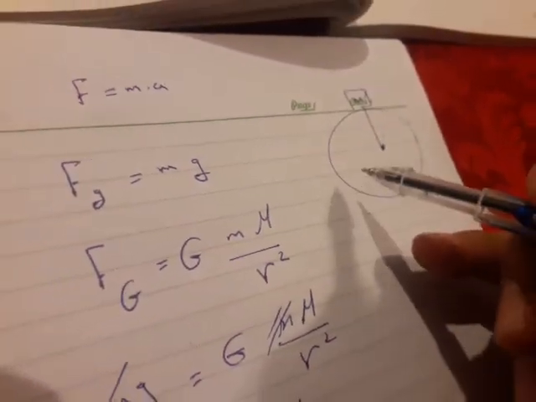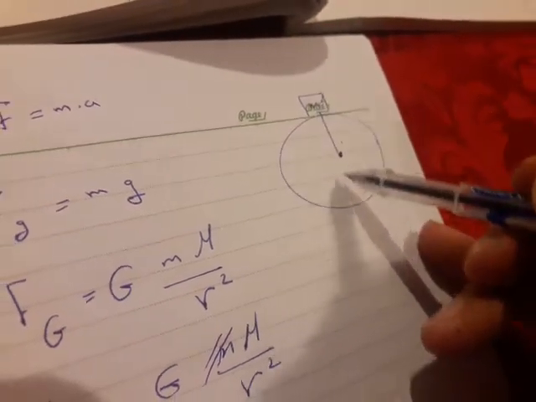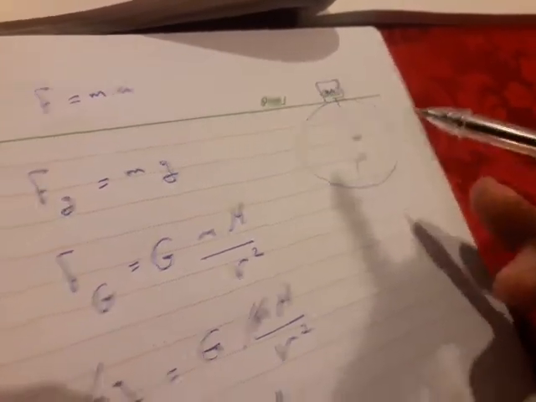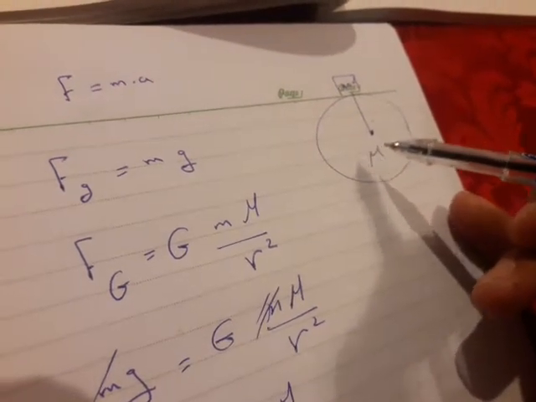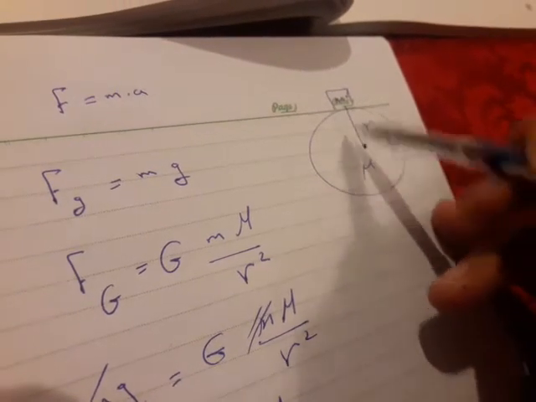Weight of the object. This is the mass of the object, this is the mass of the Earth, and between them is the separating distance.